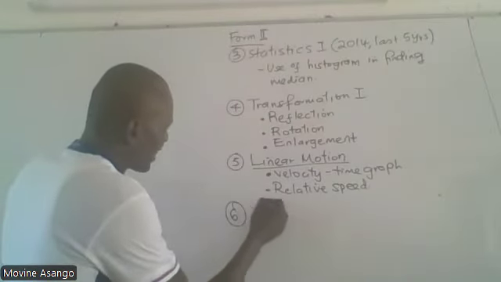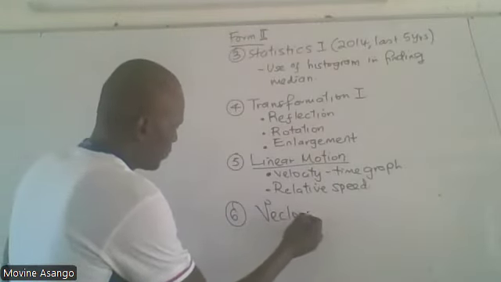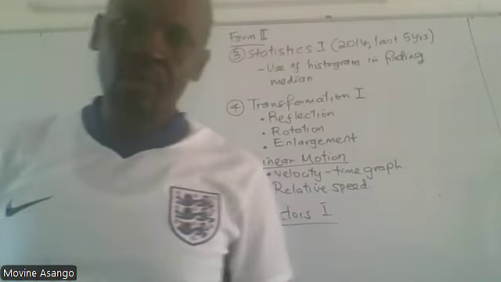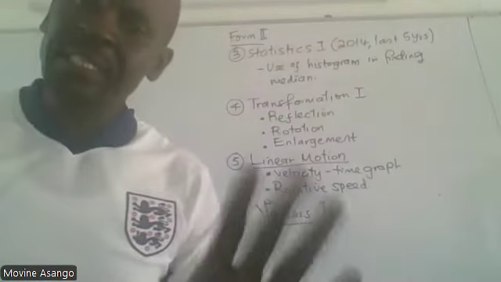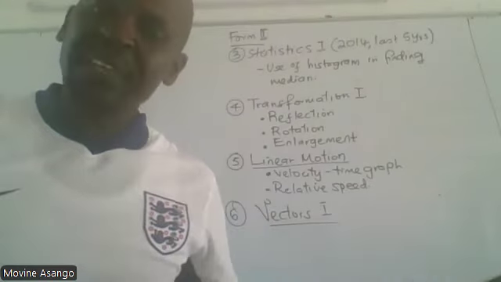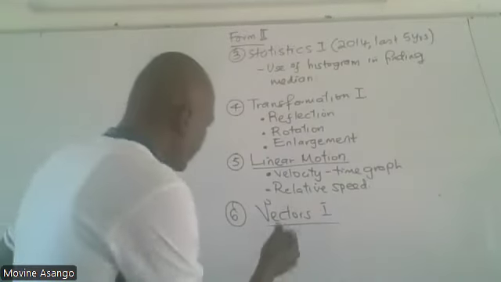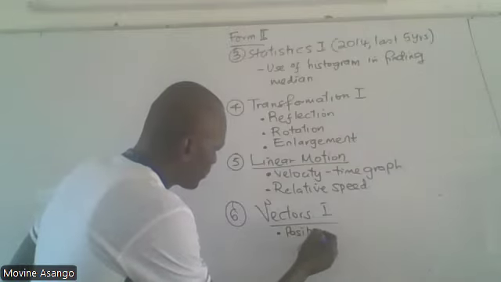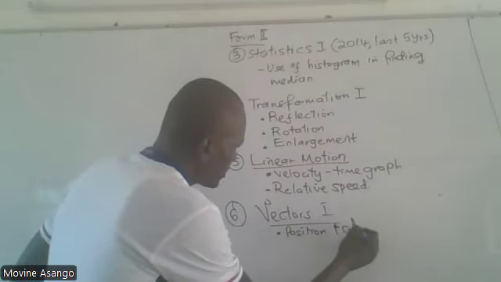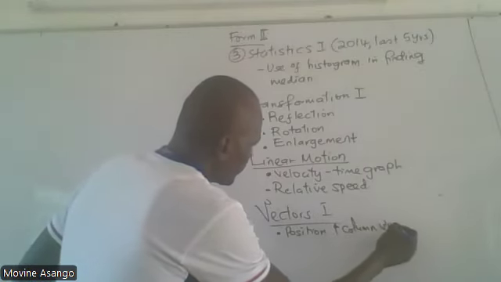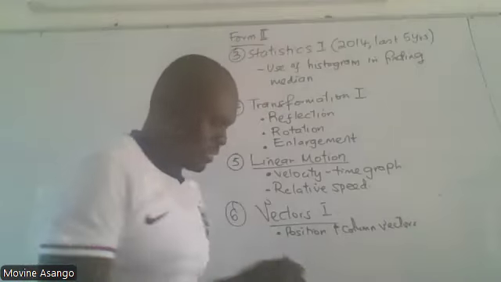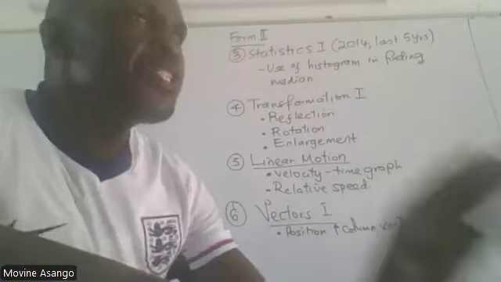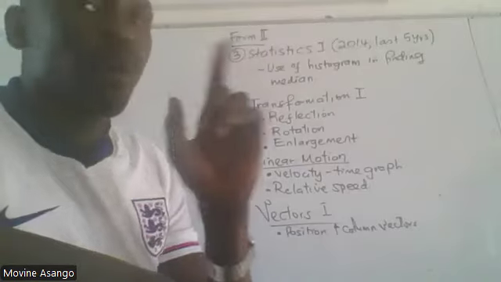Number six, we talk about vectors. Vectors one. Components are 5. What are these components which are 5? The components are position and column vectors. I am expecting you to know, position vector is with respect to the origin.